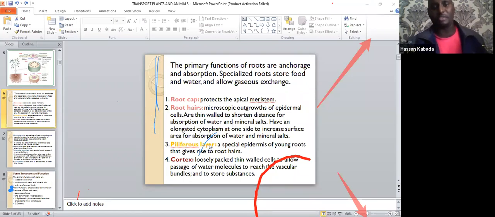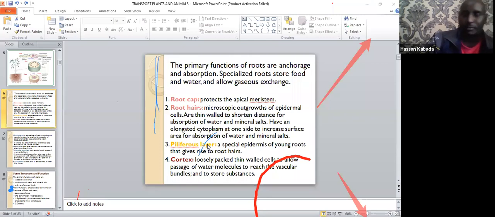Move on, we have the piliferous layer of the roots, a special epidermis of young roots that gives rise to root hairs. So this is the source of the root hairs. They are specialized to ensure that root hair cells are formed.